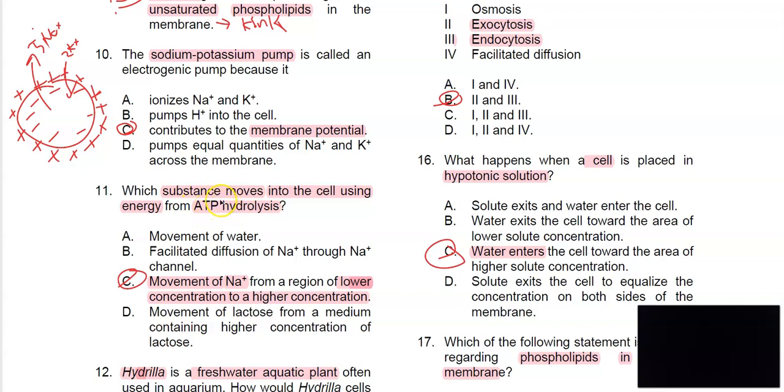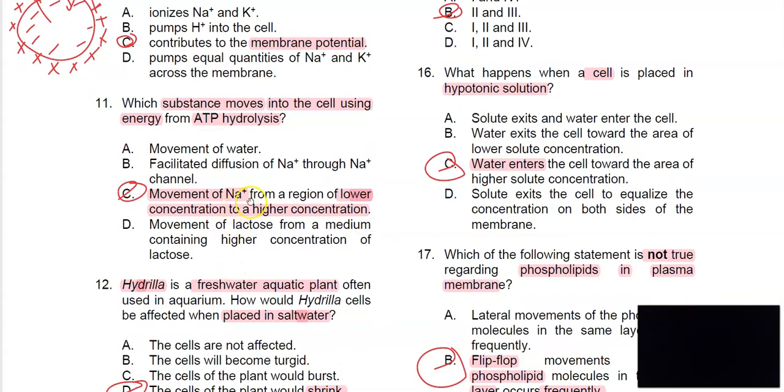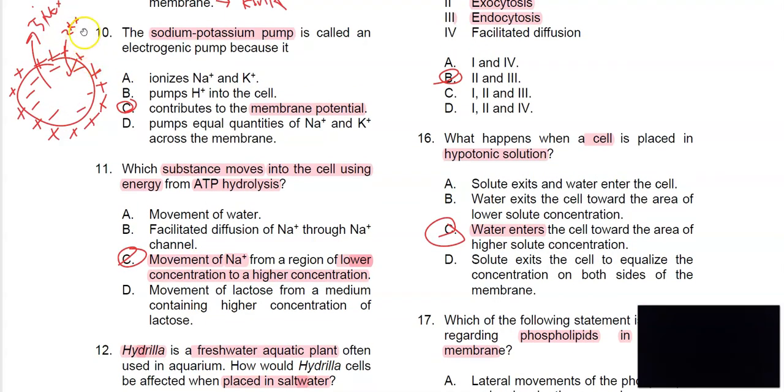One of the phosphates will be released and attached to the sodium-potassium pump, and causes the pump to change shape and the sodium to be released outside of the cell. So from low concentration inside the cell to high concentration outside. Inside the cell, the concentration of sodium is low compared to outside of the cell, which is high. So the movement is from low concentration to high concentration of sodium ion.